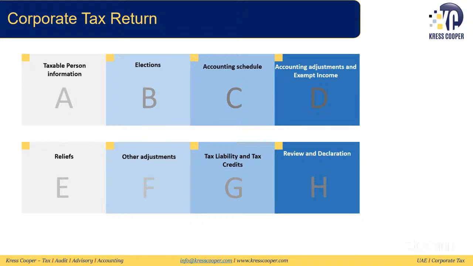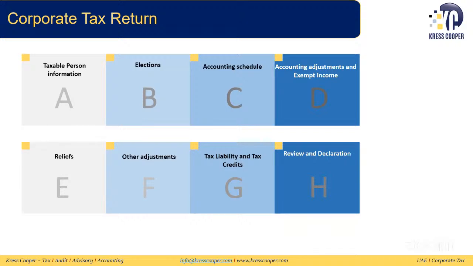Then we have the accounting adjustments and exempt income. There we take the accounting profit, and then we start doing the adjustments as per the corporate tax requirements, and we are excluding the exempt income. Then we come to the reliefs, where various reliefs are available, for example the qualifying business relief or the business restructuring relief. If the reliefs are applicable to you, then this is the portion where we have to fill that. Then other adjustments that are required in the corporate tax law to the accounting profits are made in F, and then we are calculating the tax liability, and also any tax credit is availed if it's applicable to the company.